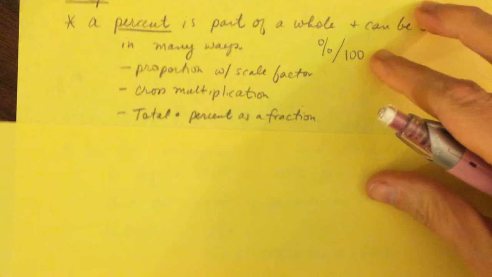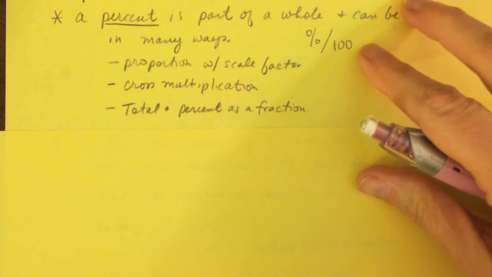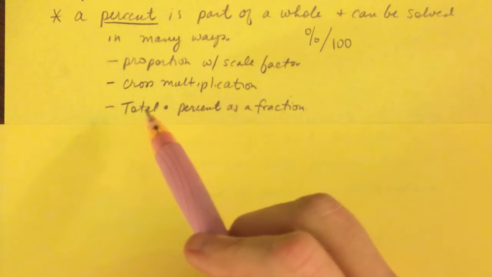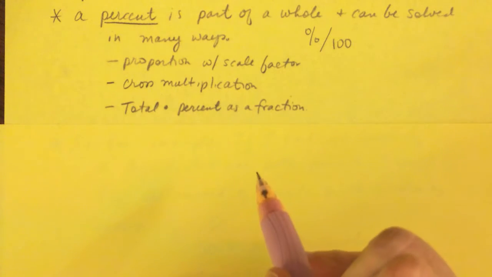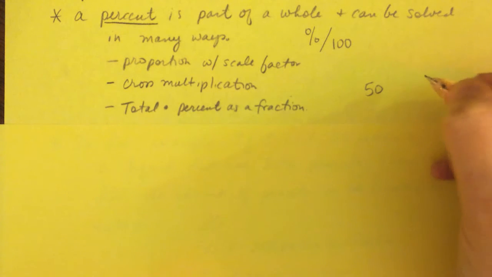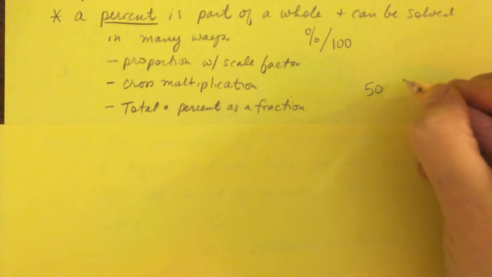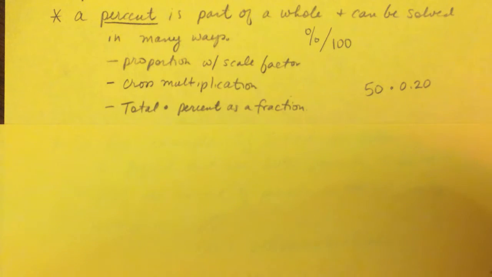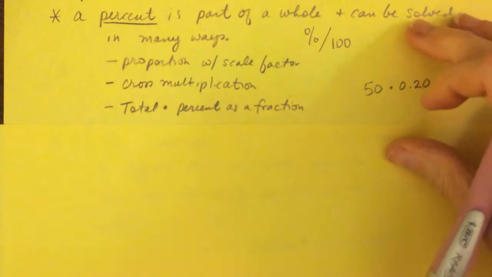And then when we started talking about tax, tip, commission, discount, you started writing total times the percent written as a decimal. So let's say I have a $50 shirt and it's 20% off. I would do 50 times 0.20, and that would be my discount, which is $10. So I would get $10 off. Okay? So that's how that works.